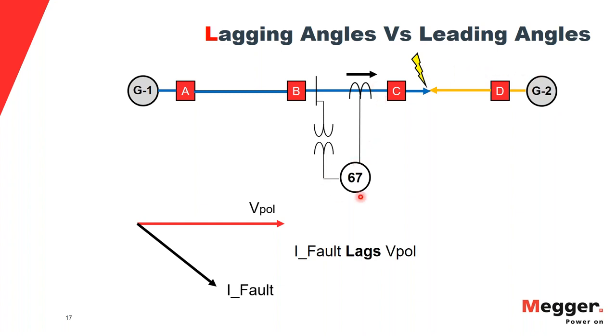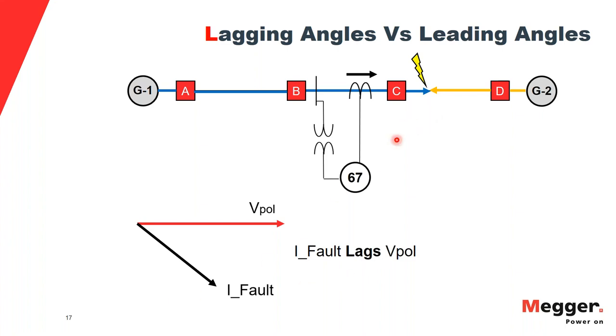So what would be seen by 67, since it is meant for this direction, I would see a forward fault. And if I have the fault current higher than my pickup, I would declare, okay, I see a forward fault. Now it's up to 50/51 to see what to do. You want to trip it after some time delay, or if you want to trip it instantly. It all depends on the 50/51 element after that.